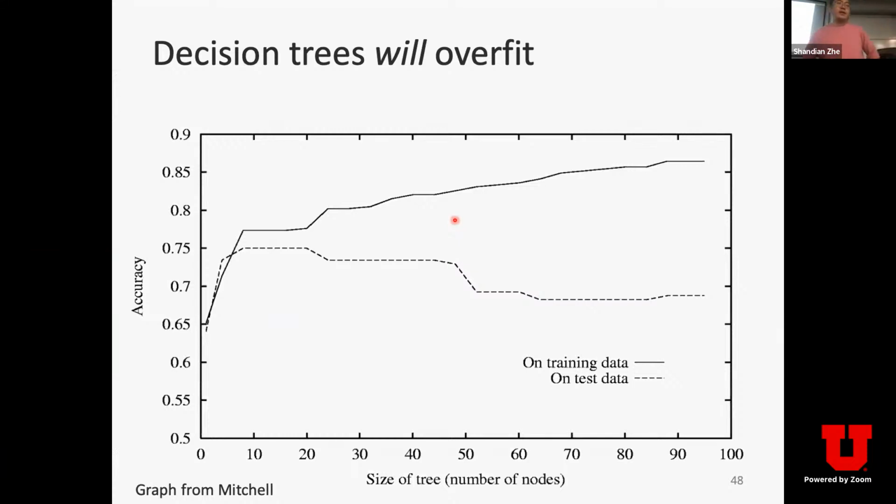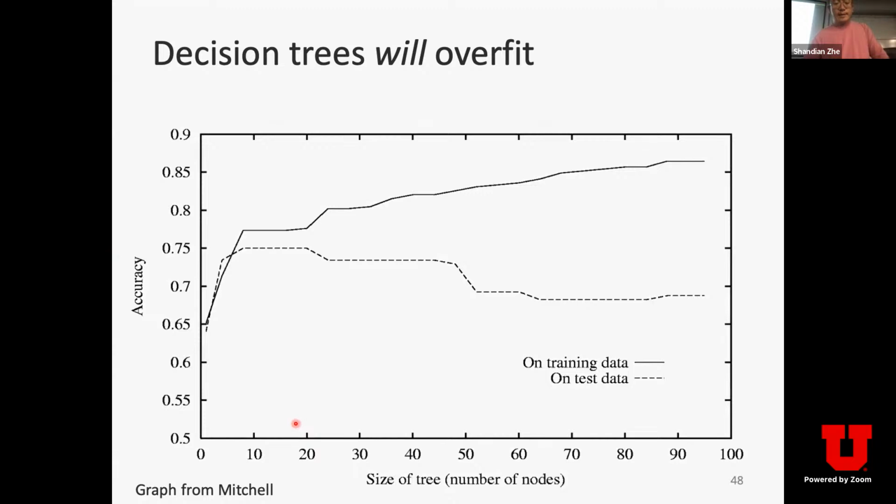In the last lecture, we used some synthetic experiments to show how overfitting appears, and then we showed some real world experiments. This figure is picked up from Tom Mitchell's book.